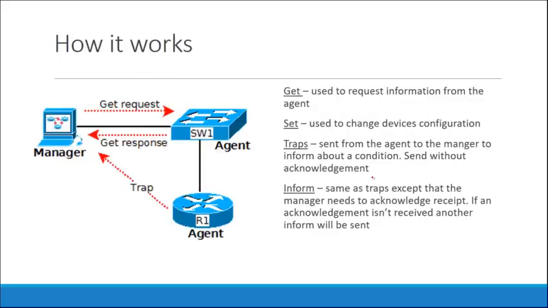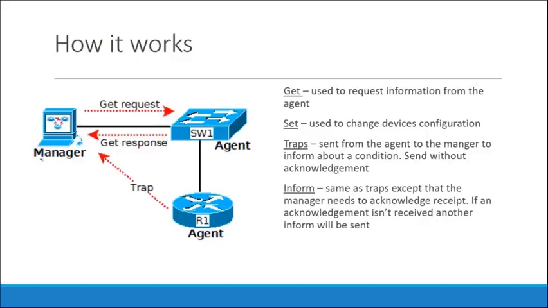So how does it work? A simple basic configuration would be like a read-only. We have different types of packets that are sent, or requests and responses that are sent. We have our GET, our SET, our TRAPS, and our informs. Our GETs are used to request information from the agent.